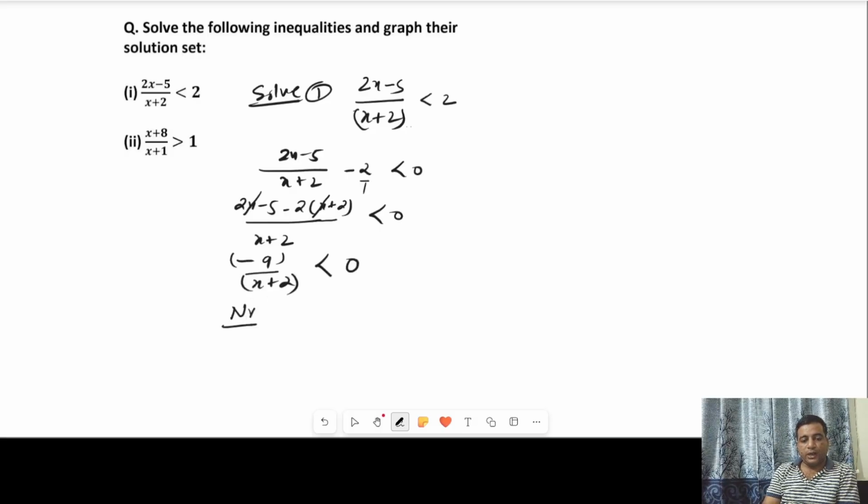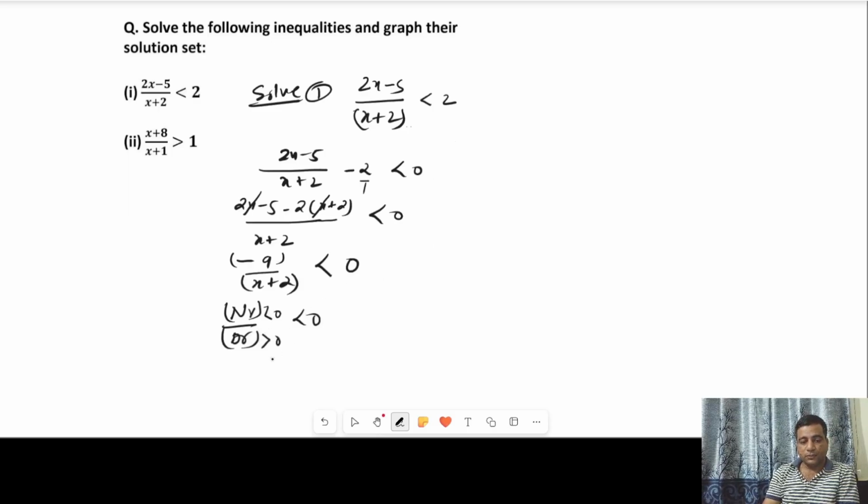So here numerator by denominator is less than 0, and the numerator is already negative, so the denominator should be positive, because negative times positive is negative. If the denominator were negative, then negative by negative becomes positive, and the inequality would go wrong.